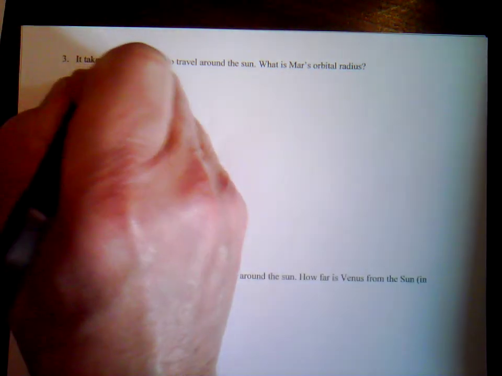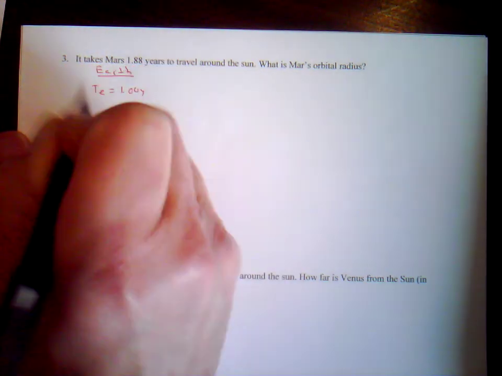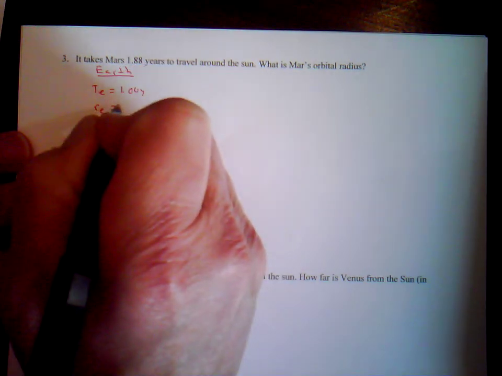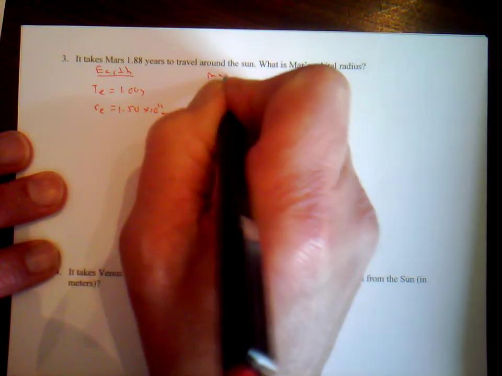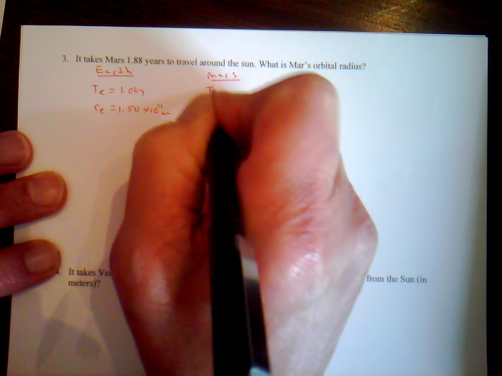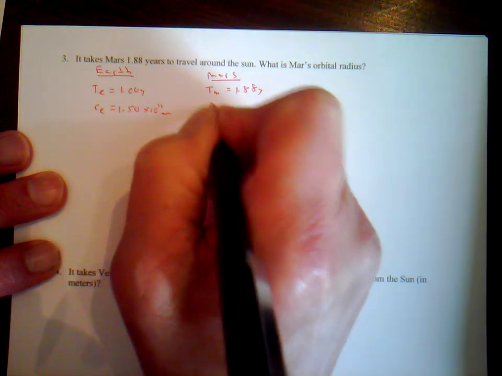So again, we have information about the Earth. The period of the Earth is 1.00 years. The orbital radius of the Earth is 1.50 times 10 to the 11th meters. And then this is Mars. We're given the period of Mars, which is 1.88 years, and we're going to solve for the orbital radius of Mars.